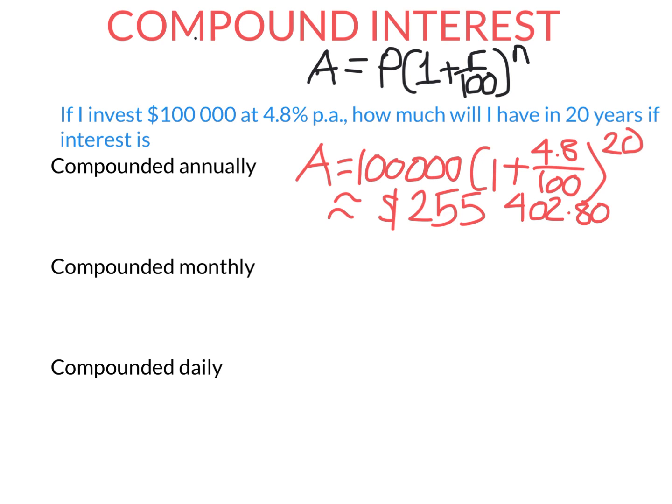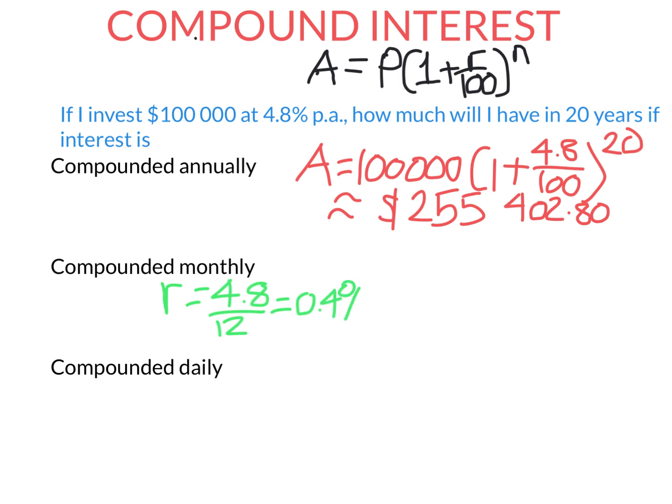All banks would give you the interest rate per year. But if it's compounded at a different frequency, we need to change the rate. The rate's 4.8% per annum, or per year. So per month, it will be 4.8 divided by 12, which is 0.4%.